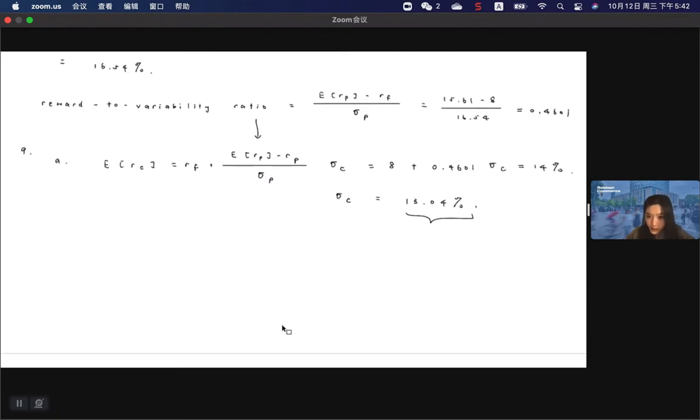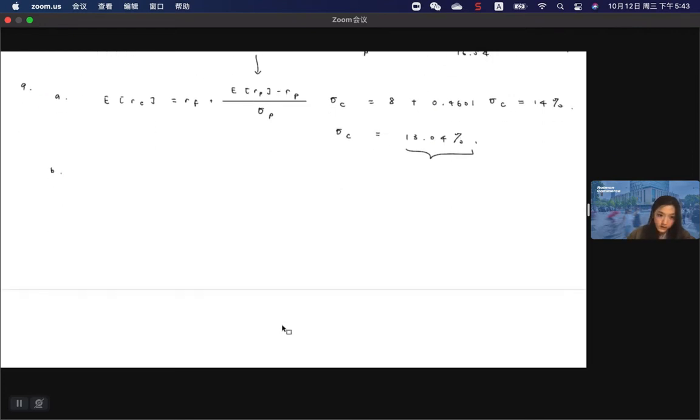So part B, what is the proportion invested in the T-bill fund and each of the 2 risky assets? Okay. So if we set Y equal to the portion invested in your risky portfolio, then 1 minus Y would be the portion invested in T-bills.